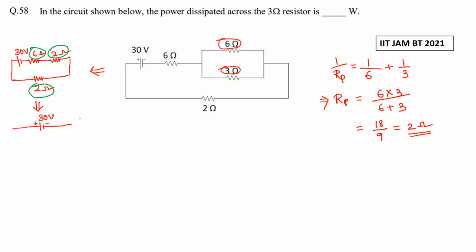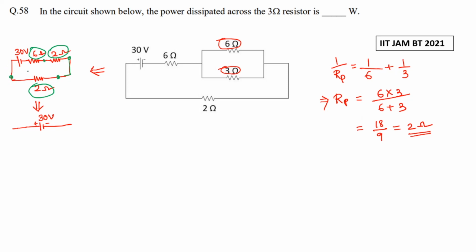Why series? Because the end of the 6 ohm resistor is connected with one end of the 2 ohm resistor, and the other end of this 2 ohm resistor is connected to this end of this 2 ohm resistor. And this in turn is connected to the battery. So all these are in series connection.